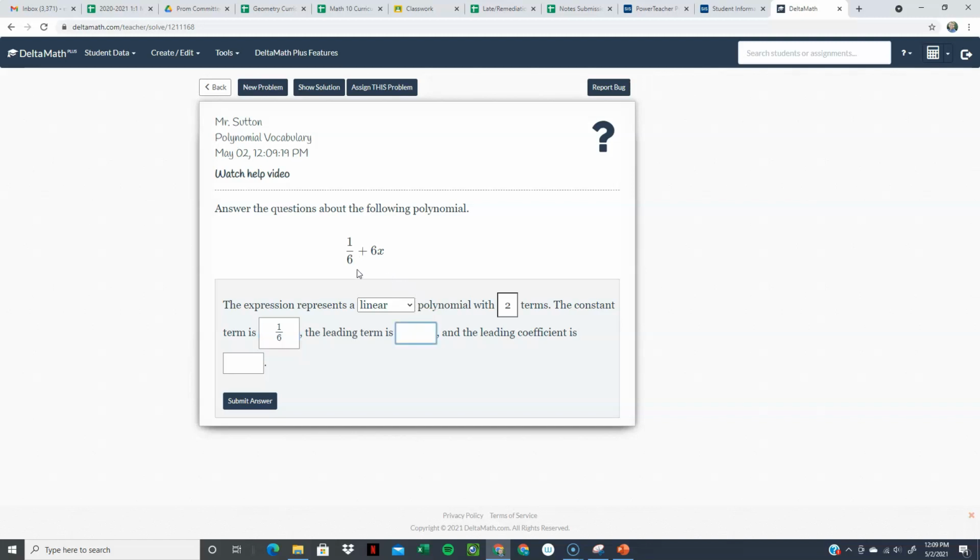The leading term is, if you put it in standard form, the term that would be first. It's the one that has the highest degree, so that would be 6x. In standard form, it goes from highest degree to lowest degree. So the leading term would be 6x, that first term. Then the leading coefficient is just the coefficient of that leading term, which would be 6, just the number that's out in front.